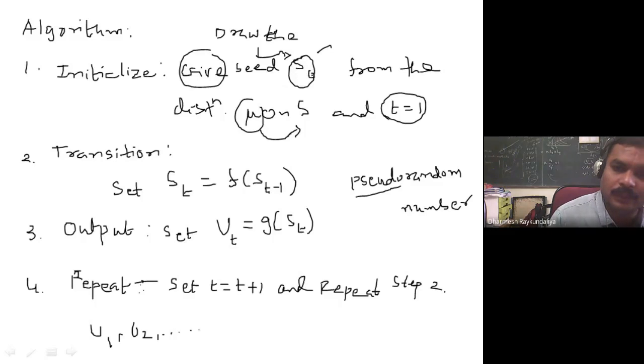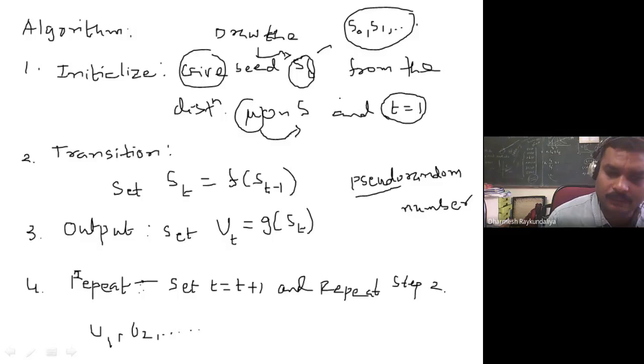Once you give the seed s0, you will follow the sequence of states s0, s1, likewise. And this is the finite set, and this sequence of set is nothing but the random numbers.